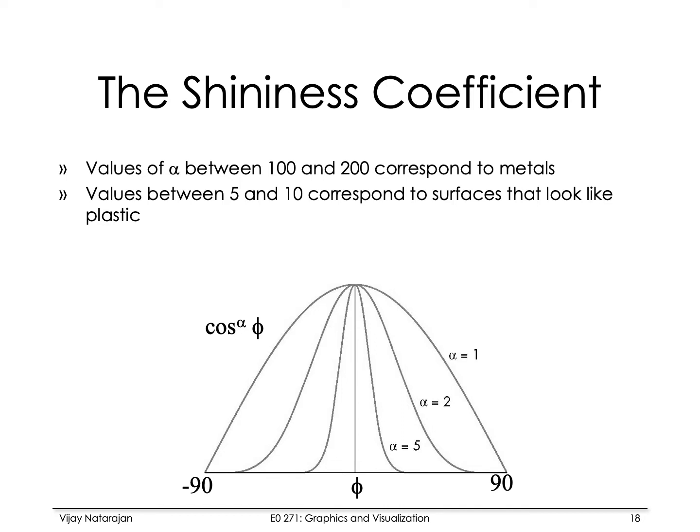So for alpha equal to 1, you have a smooth drop off, and as alpha increases, cosine of phi to the alpha becomes more and more pronounced at 0 and looks more and more like a mirror. So values of alpha between 100 and 200, for example, correspond to highly shiny objects such as metals, and lower values are for more dull objects.